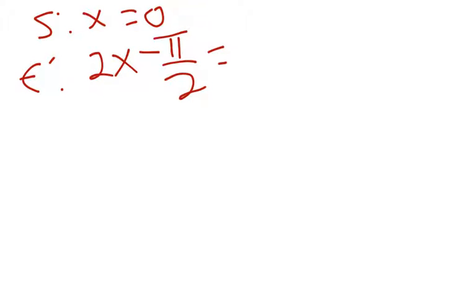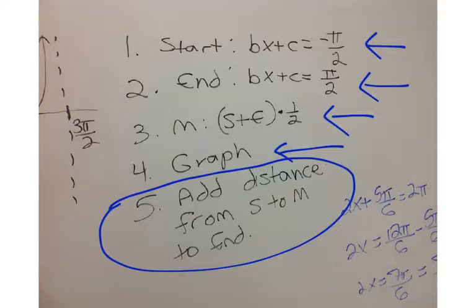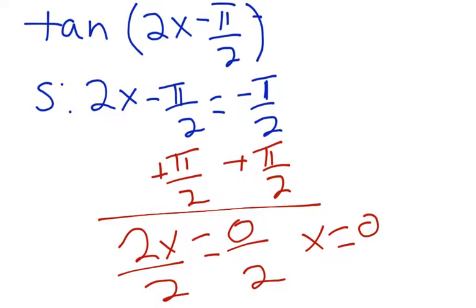And for our end point, we need to take 2x minus pi over 2 equals a positive pi over 2. In case you forget, that's what it tells us to do for step 2: set it equal to a positive pi over 2.